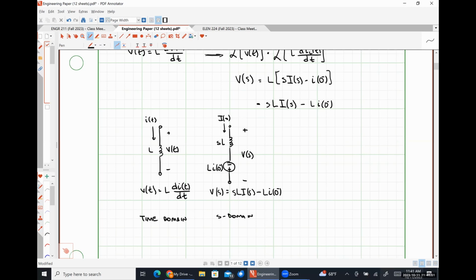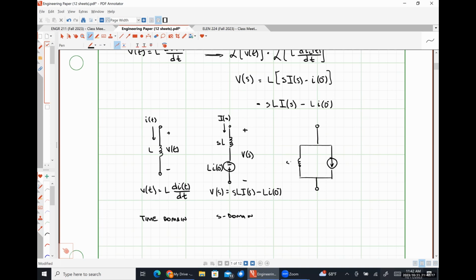So if I wanted to view it from the perspective of an inductor in parallel with a current source, I would have the following relationship. Right?